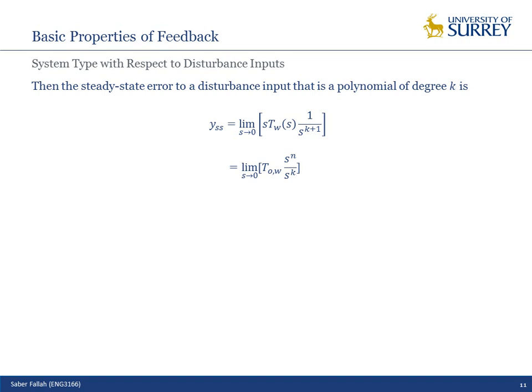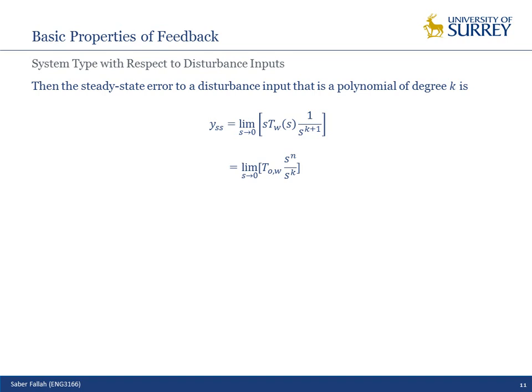Based on the final value theorem, the limit of steady state error or response is the limit of s T_W(s) multiplied by 1 over s to the power k plus 1, when s goes to 0. The s comes from the final value theorem. T_W(s) is my transfer function from the output to the disturbance input.